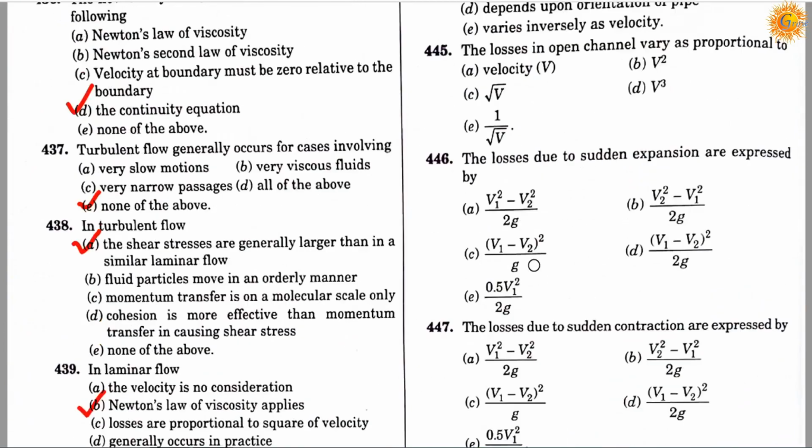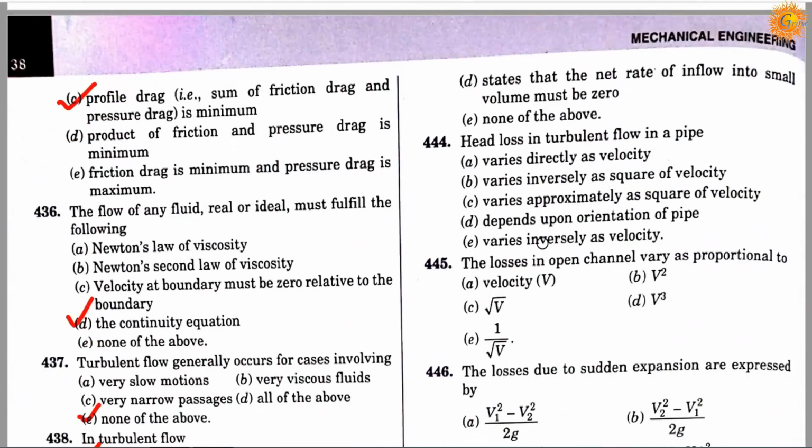Option D states that the net rate of inflow into small volume must be 0. Option E is none of the above. So correct answer is D. It states that the net rate of inflow into small volume must be 0.